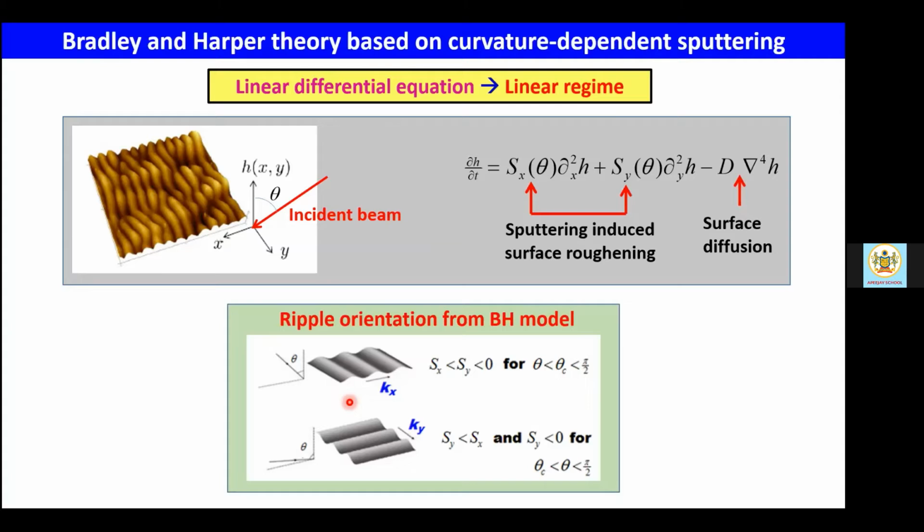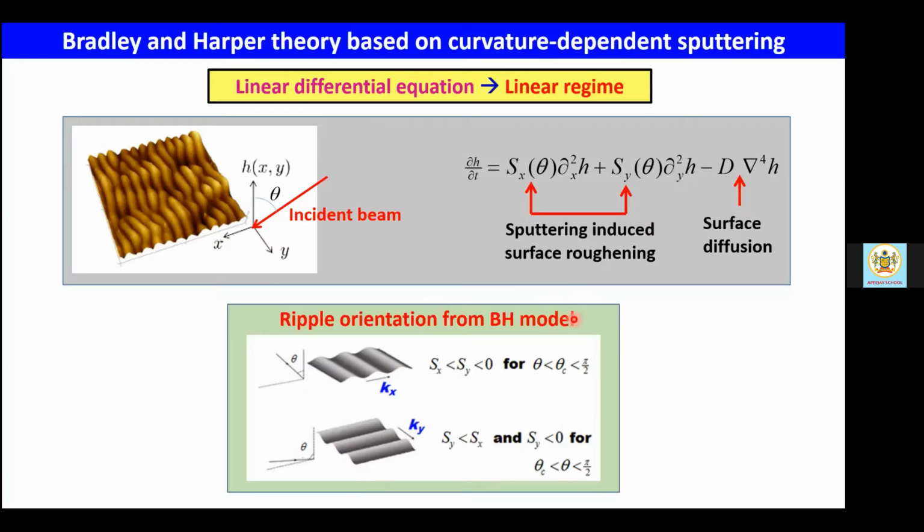Quantitatively from these equations, it is found that if both the sputter coefficients along the x and y directions are negative, then it has to be parallel mode ripples. And if Sy is less than Sx, but the sputter coefficient along the y direction is negative, then this ripple orientation rotation takes place, which is well explicable by this model.